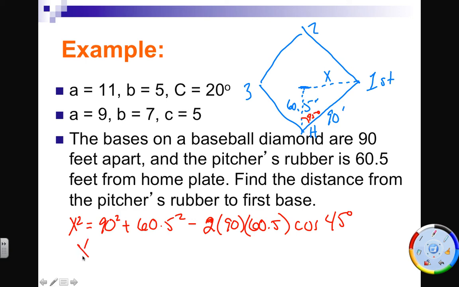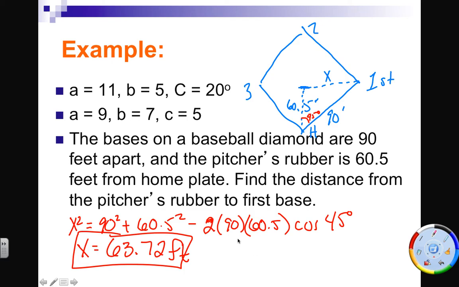And I do a quick math here. Square root of 90 squared plus 60.5 squared minus 2 times 90 times 60.5 times the cosine of 45. And I get 63.72 feet. Nice and easy.